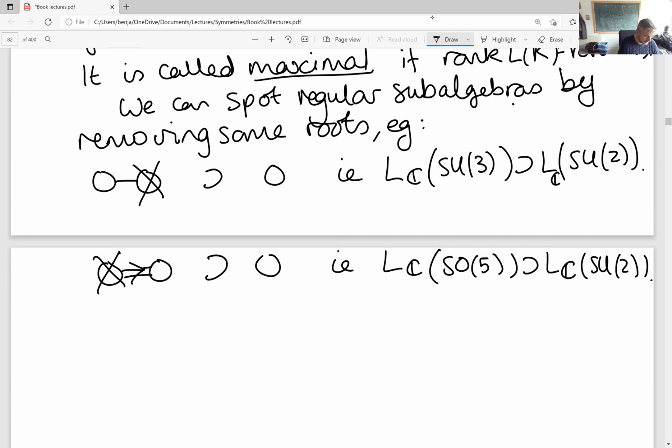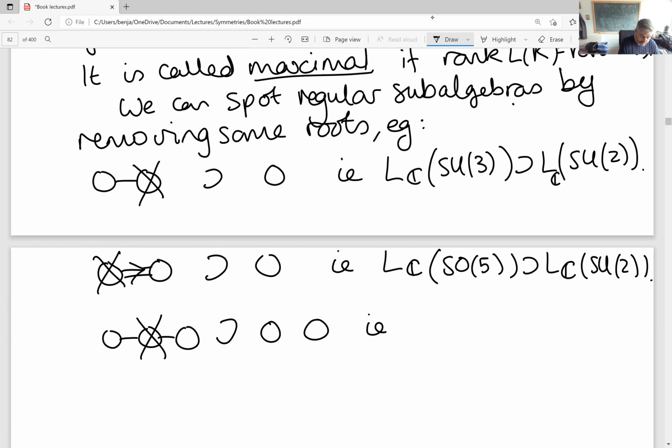Now let's take something a bit longer, something with 3 roots, the Lie algebra of SU4. Let's cross out the middle root. This removes the connections between the outer ones.